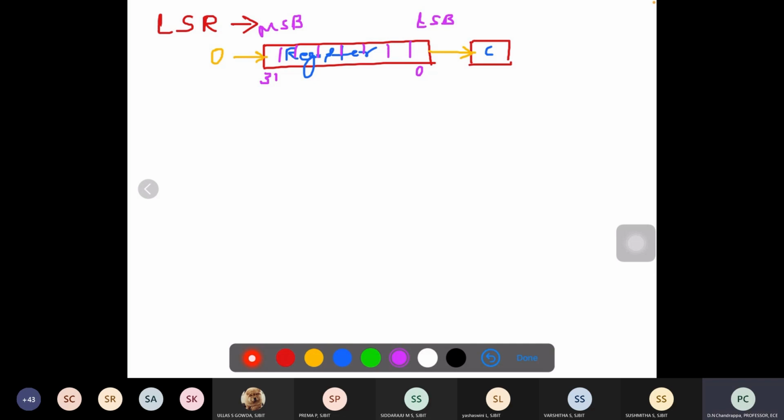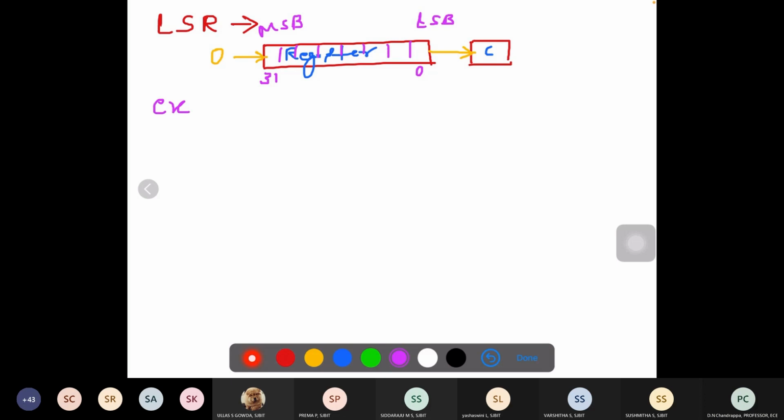So totally how many bits here? If it is in Thumb mode, we can consider 0 to 31. That is the number of bits shifted towards the right.